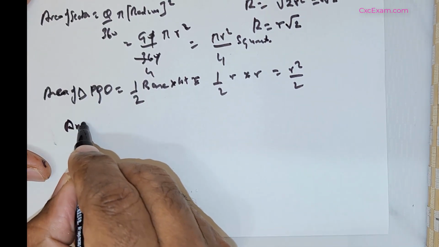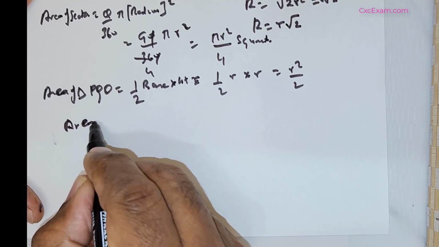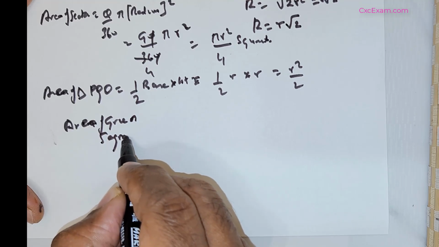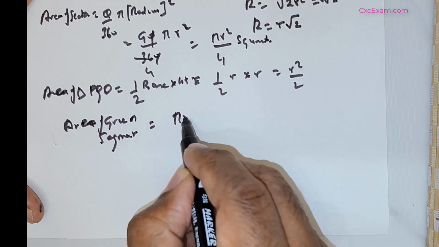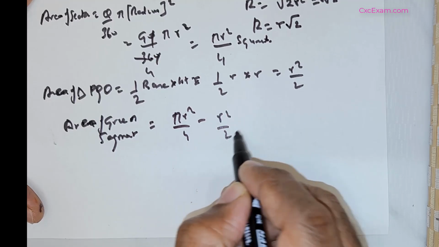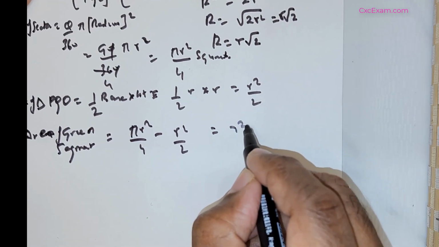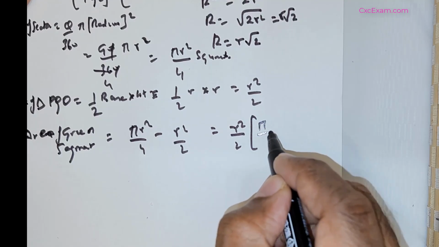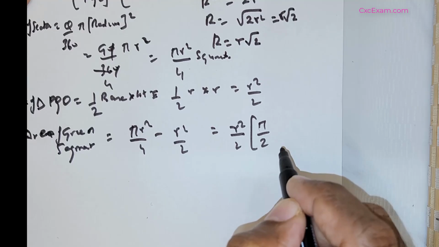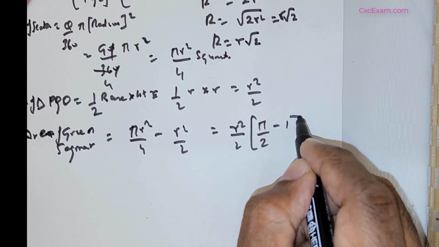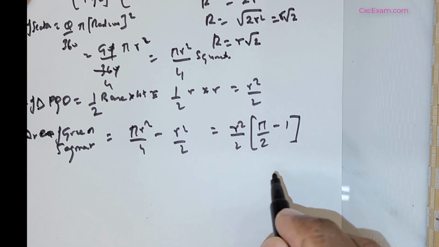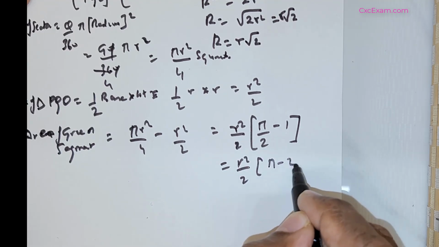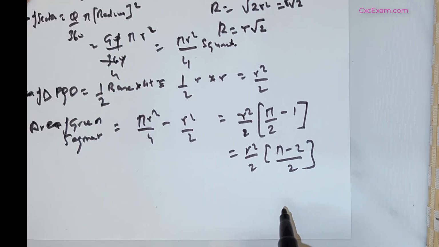So therefore area of green segment is equal to sector area minus triangle area. I can take r squared over 2 out, and that would give me pi over 2 minus 1, right? So if you have to rewrite this, you have r squared over 2 times pi minus 2 divided by 2. This is what you got.